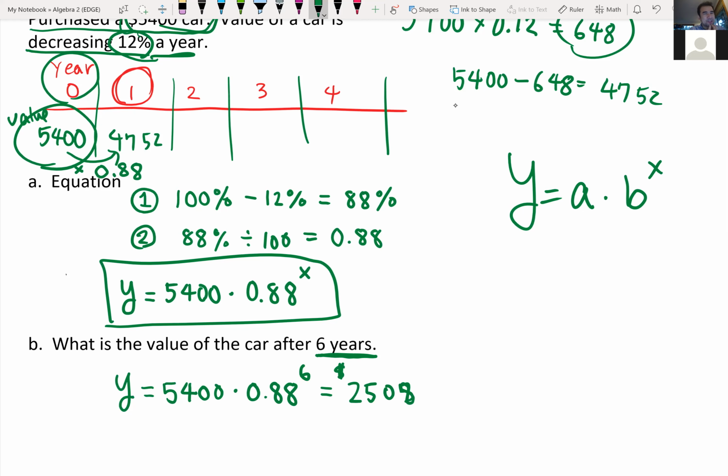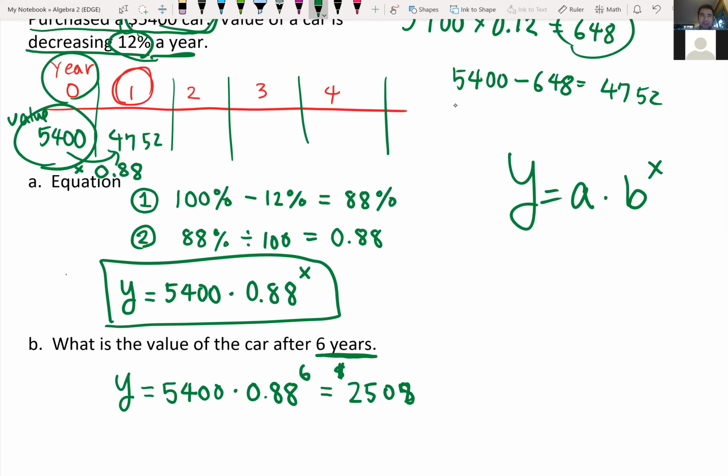And that's pretty typical. Lose 12%. Maybe if it's a good car, it only loses about 10% or even 8%, 9%. Yeah, what do you guys think? Again, just going back to 88%, right? If you lose 12%, but you're interested in how much that thing, car or computer, is worth, you want to know how much of the value you're still retaining, right?